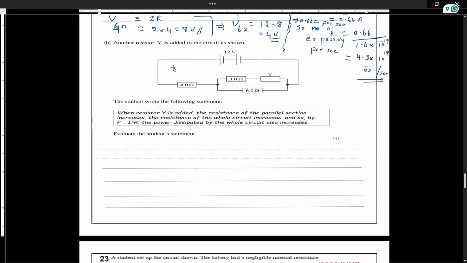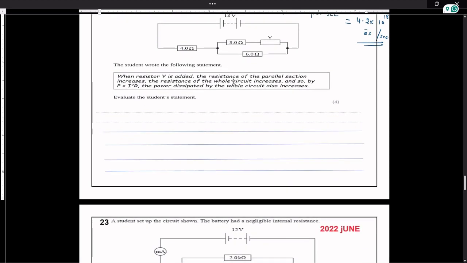So let us move on to the next part. Another resistor Y is added to the circuit as shown. So the student wrote the statement: when the resistor Y is added, the resistance of the parallel section increases. The resistance of the whole circuit increases.